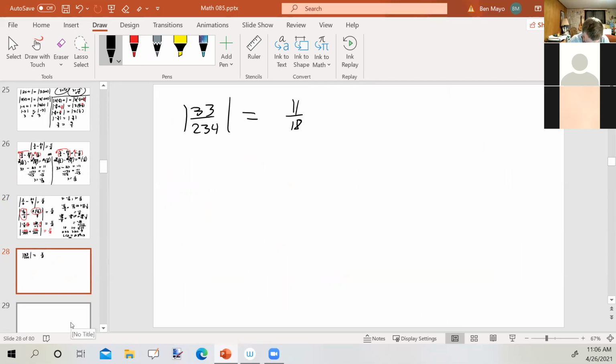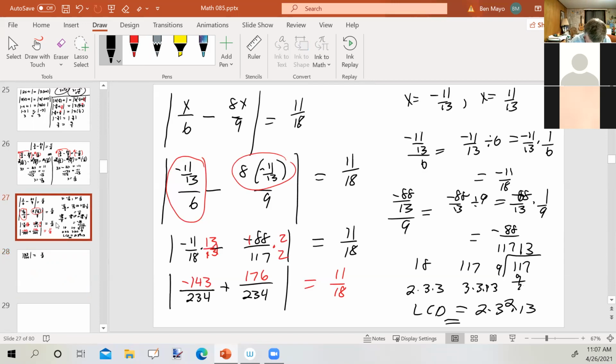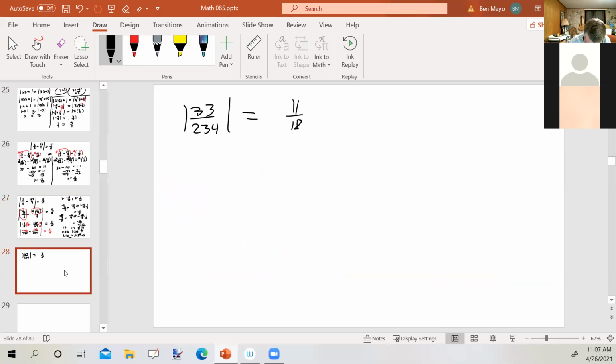I think I've done something wrong here. Yeah, I think somewhere along the line I've made a mistake, because if I divide the top and the bottom of 33 over 234 by 3, they don't equal.